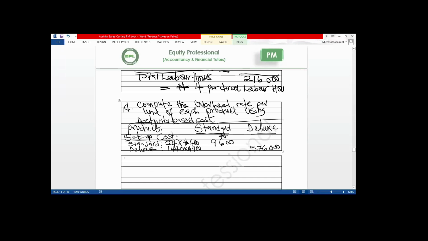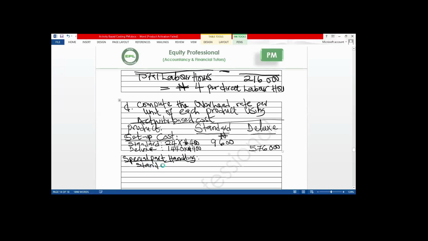The next one is special parts handling cost. What is the cost driver rate for special parts handling cost? It is 2 naira per special part. I will now come here. I have standard.